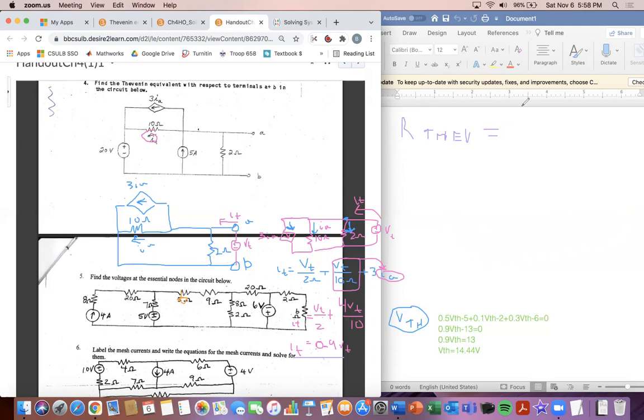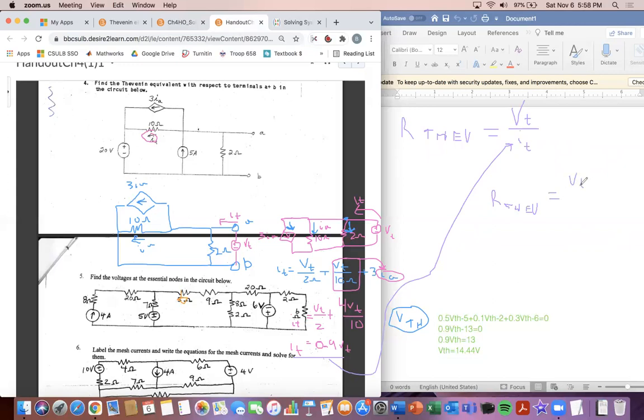And so it's going to be equal to VT over IT. We just solved for I of T, everyone. And so we can just plug in this 0.9 VT into here. So our R Thev becomes VT all over 0.9 VT.